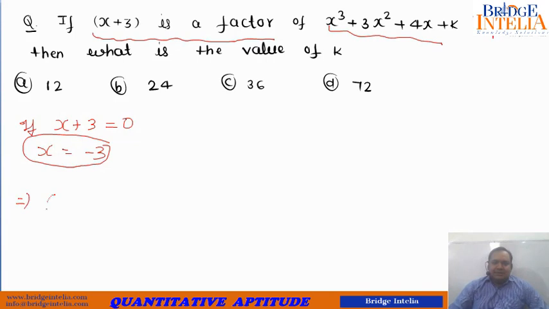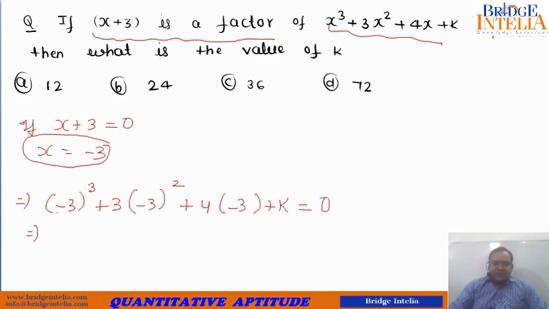So now instead of x, you simply write minus 3. So it means minus 3 whole cube plus 3 into minus 3 whole square. So I am writing 3x square this way, plus 4x. That means plus 4 into what? Minus 3 plus k. This must be equal to 0. So from here you can see minus 3 whole cube is what? Minus 27.